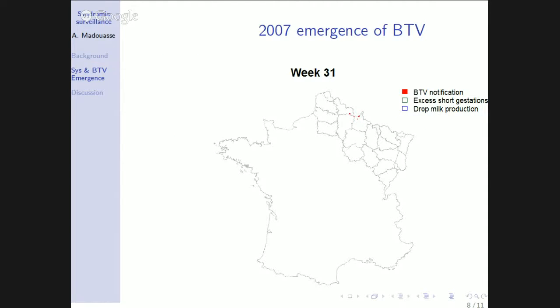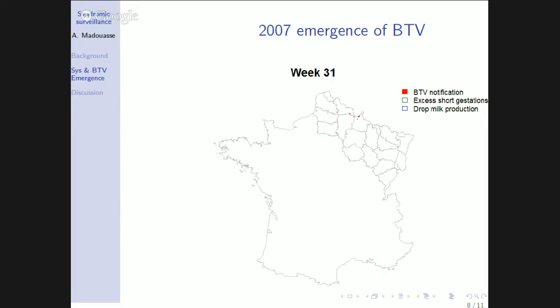What I've done next is to show you on this map of France the result of combining the two indicators for the detection of BTD. Here, each red square is a municipality with at least one notified case, and you will see the alarms appearing on the map.